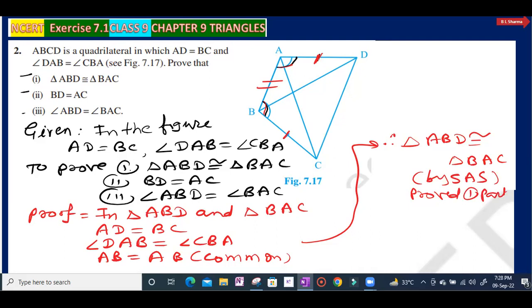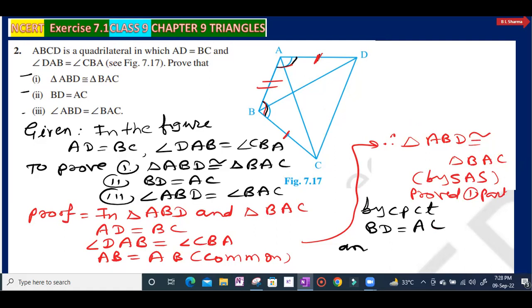Further, by CPCT, means corresponding parts of congruent triangles are equal. BD is equal to, see here, BD second third, and that is AC, that is also second third. BD is equal to AC.